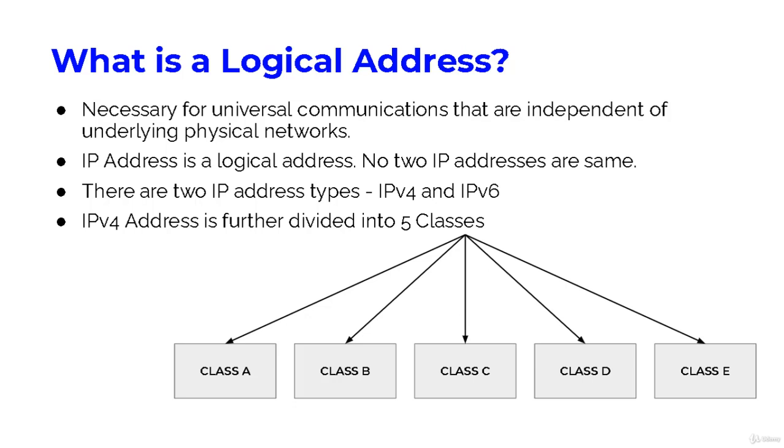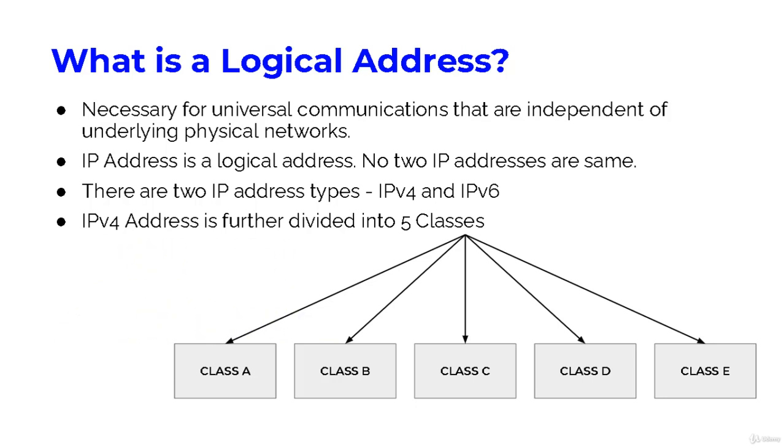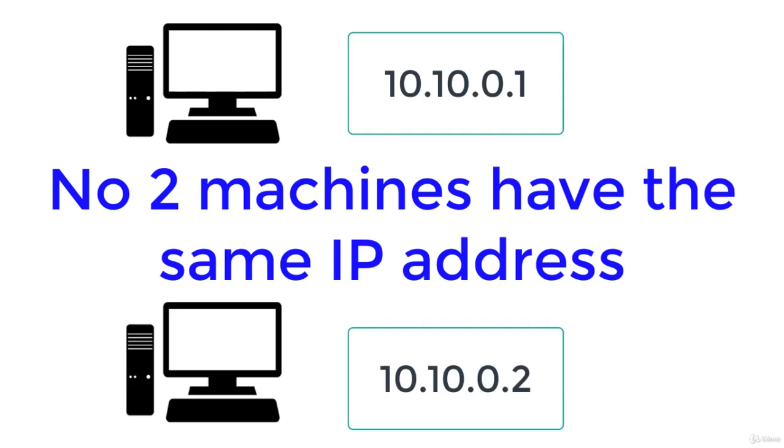A logical address in the internet is currently a 32-bit address that can uniquely define a host connected to the internet. Make sure that this sentence which I am going to tell right now is very important. No two publicly addressed and visible hosts on the internet can have same IP address. Is it possible that you and your friend live in the same house?